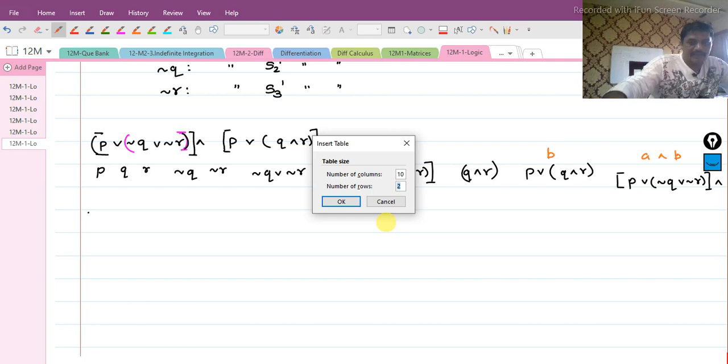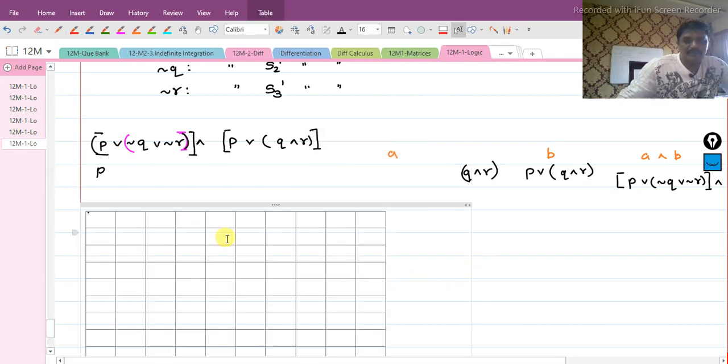Ten columns and 9 rows, so quite a big table here.